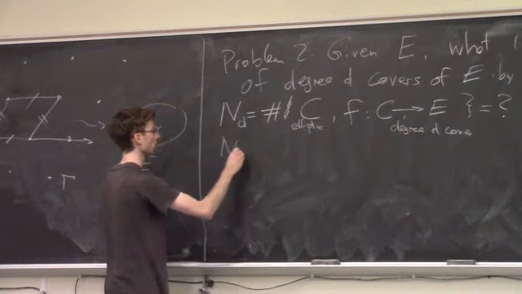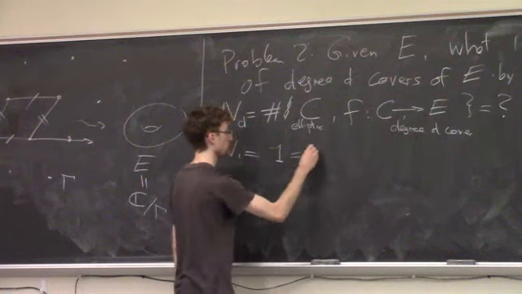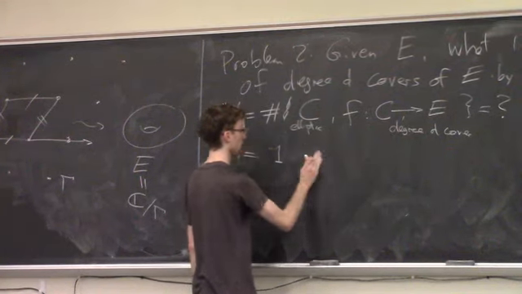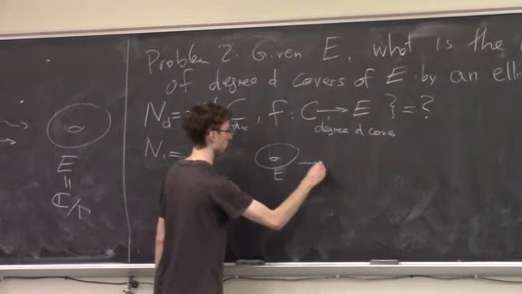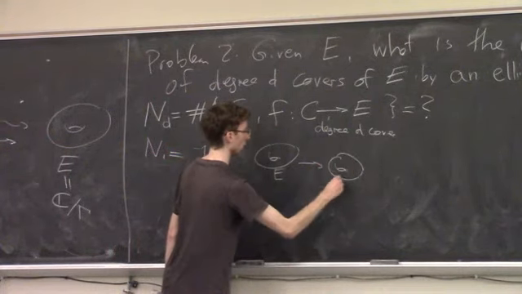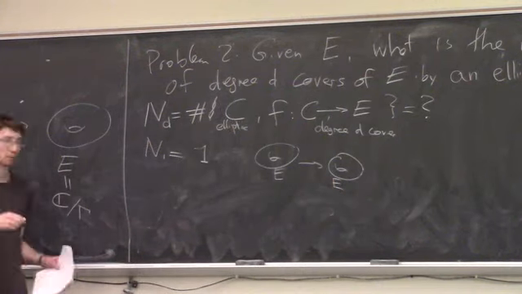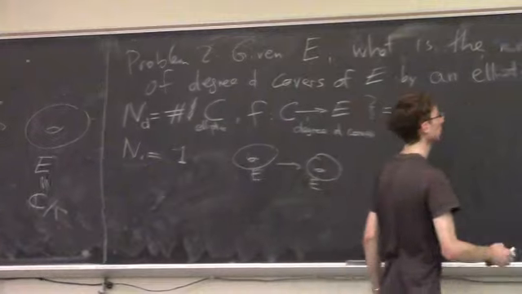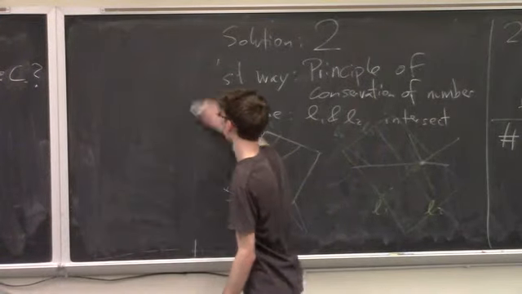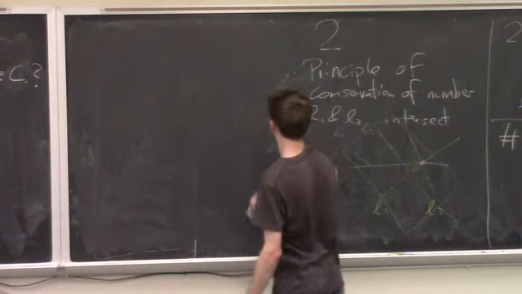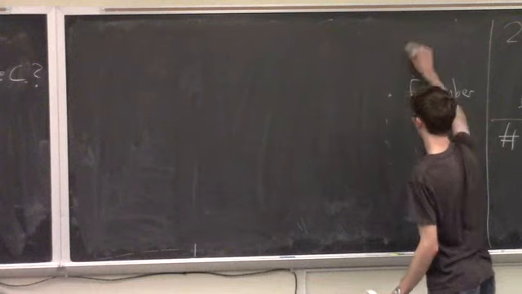For example, n1 is equal to 1, which corresponds to the identity map from E to E.